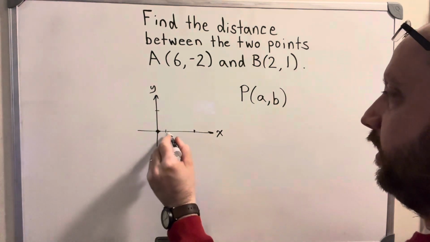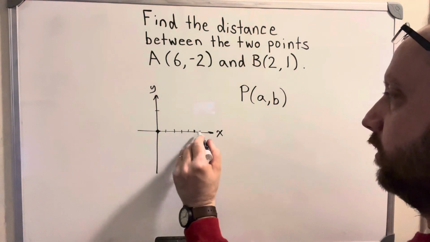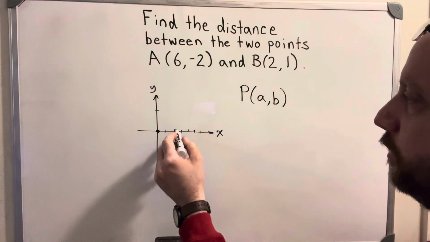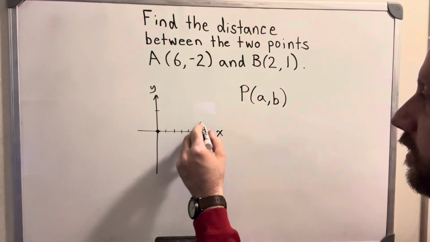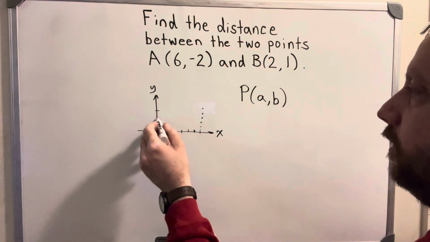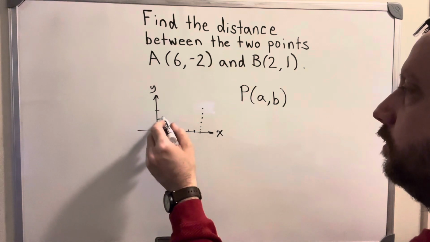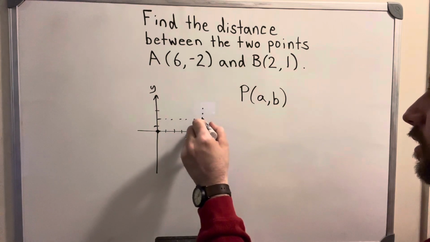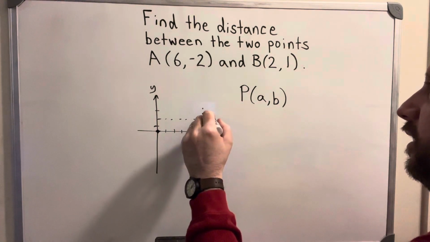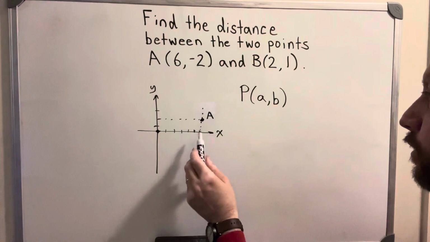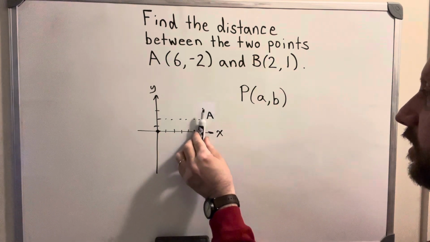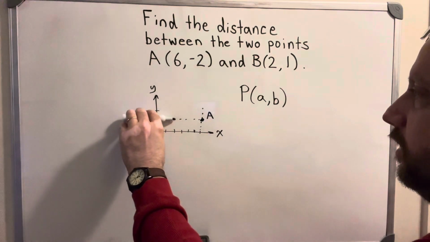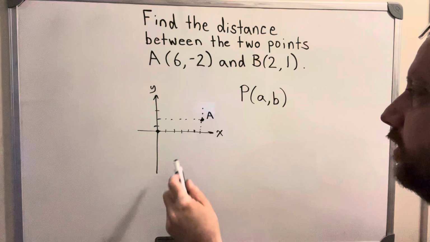Let's say that here are some points: 1, 2, 3, 4, 5, 6. 1, 2. So this, where the perpendicular line to 6 on the x-axis intersects with, oh, you see I've already made a mistake.